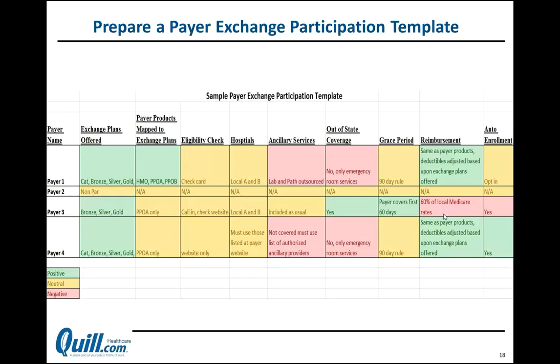Second one, how do you verify the benefits? Well, this can be a bit of blocking and tackling. In some cases, you can look at the card, and for example, the Blues have various suitcase icons that are meaningful and will tell you what kind of PPO plan the patients are participating in.